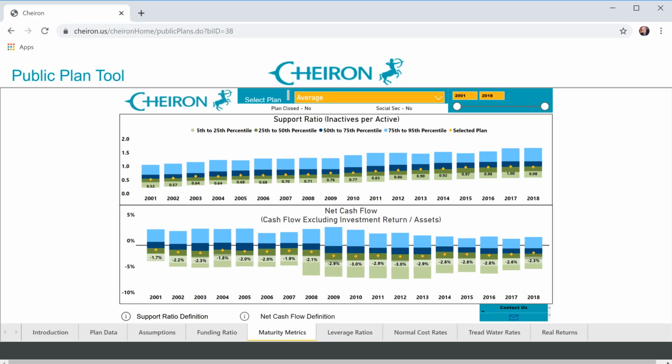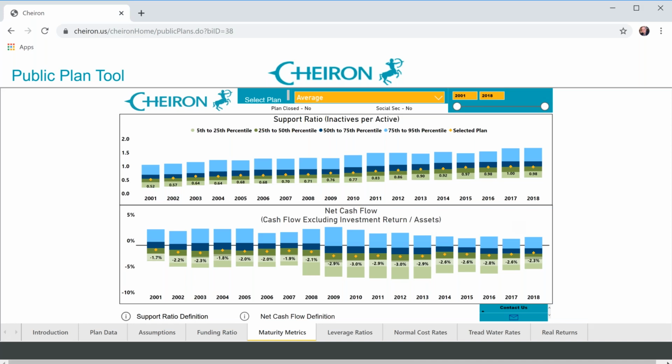The next metric down below here is net cash flow. Contributions less benefit payments and expenses as a percent of the total assets of the plan. It's not uncommon to have negative cash flow, especially if you're extremely well funded. It is, in fact, an objective of pre-funding the plan to get to negative cash flow.